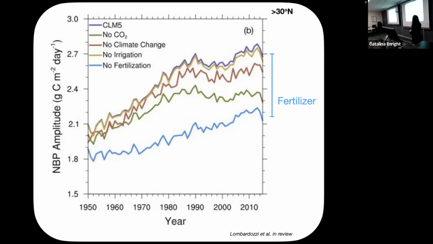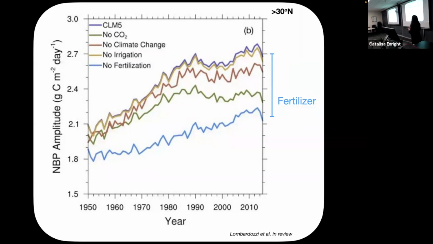Fertilizer has a very large impact on net biome production. I believe this is almost a 50% change in net biome production amplitude due to fertilization, versus if you look at CO2, it's closer to a 40% change. And if you look at climate, it's only a 15 to 20% change in that amplitude.